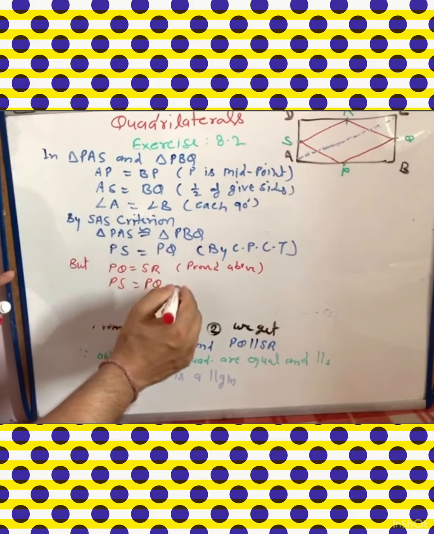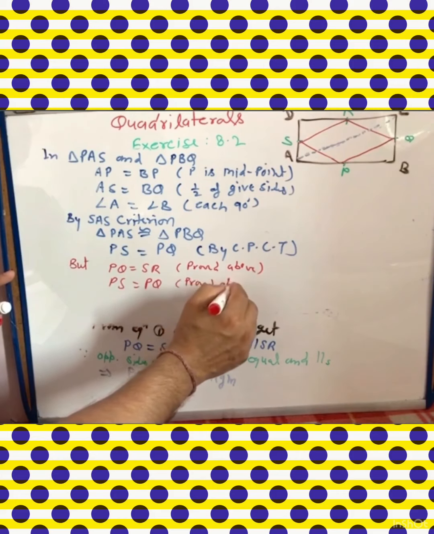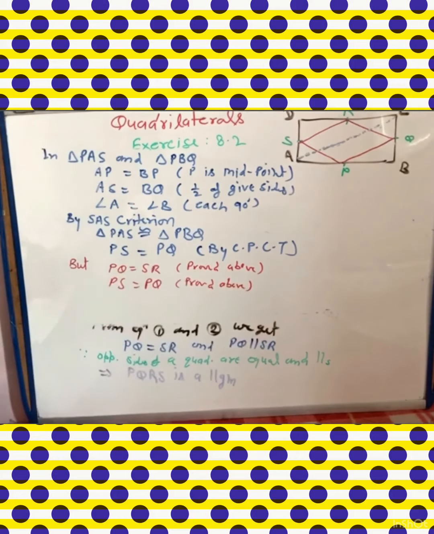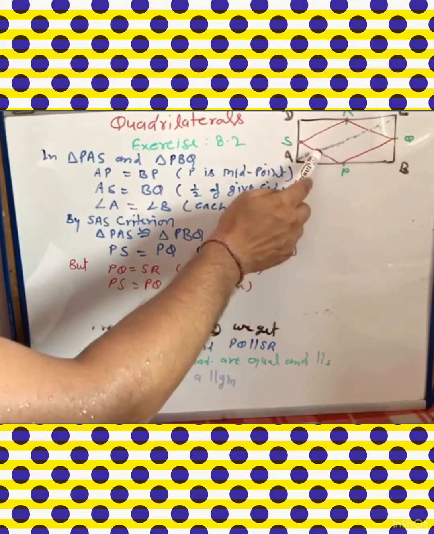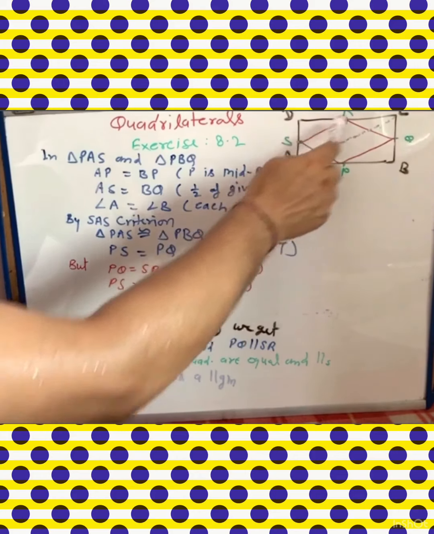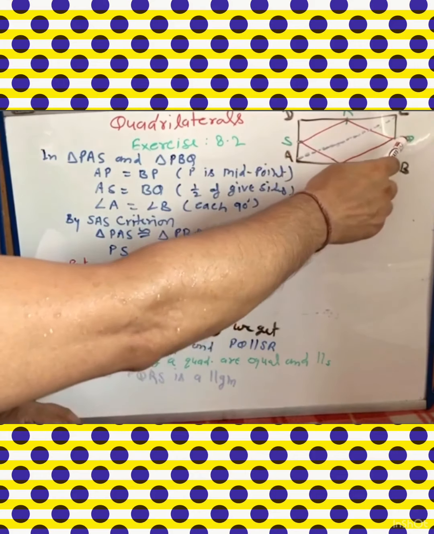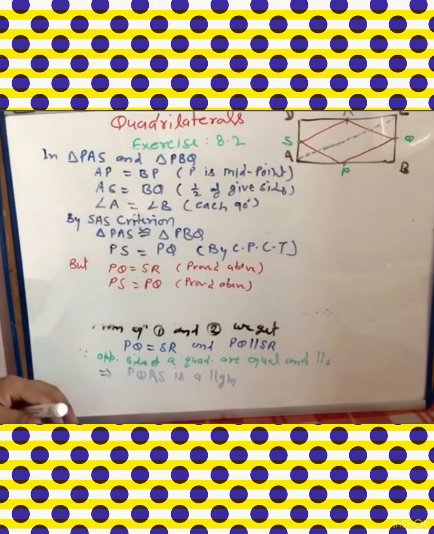This is just proved above. So you see in this diagram, if PQ equal to PS and PQ equal to SR, similarly you can say that PQ equal to RQ, means all sides are equal.